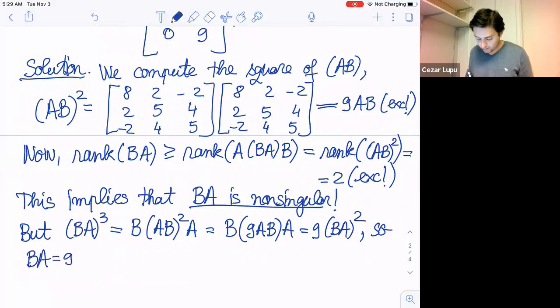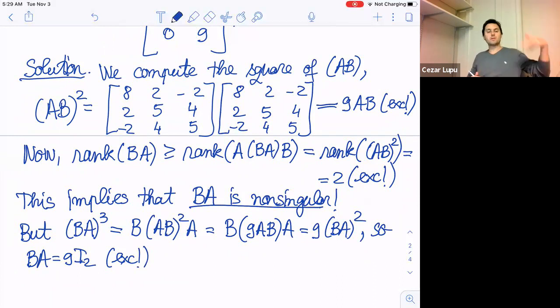I'll leave it to you as an exercise. To show this, you just multiply by BA inverse to the left, to the right, whatever. You have BA squared equals 9BA. Then apply again, multiply it to the left by BA inverse again, and we get this.